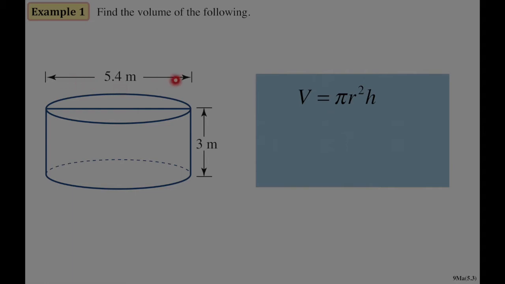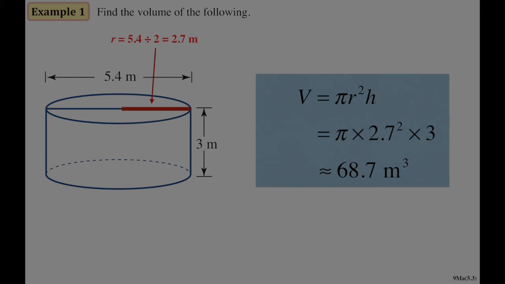I have to do half of 5.4 to get the radius because the diameter is 5.4. So half of 5.4 is 2.7, so that's my radius. So in my formula now, it's pi times 2.7 squared times the height, which is 3. Put that into the calculator, and the volume of this particular cylinder is 68.7 metres cubed if I round it to 1 decimal place.